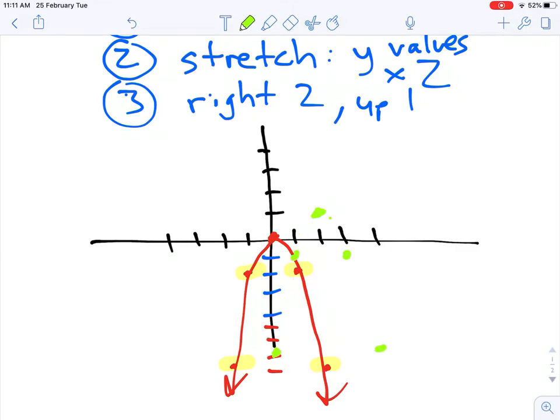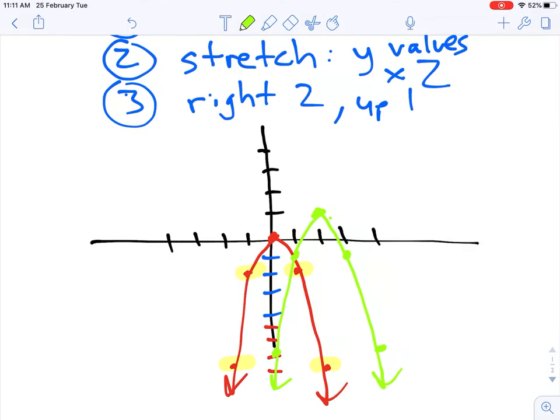Let's try that again. So roughly something like that. Again, you can take all the points and move them right 2 units, and then go up 1 unit. Do that with all 5 of them.